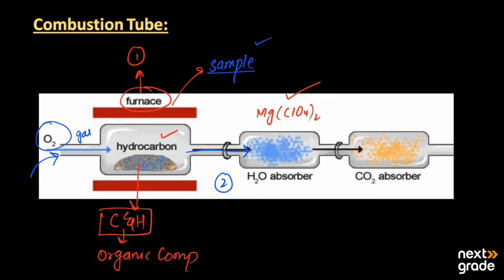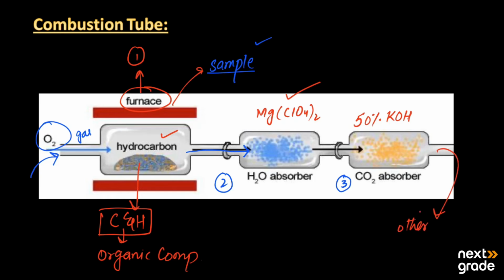Next we have the third chamber, in which the carbon dioxide gets absorbed. For the absorption of carbon dioxide, we use 50% potassium hydroxide, 50% KOH. It works as a carbon dioxide absorber. After that, we have the chamber where the other substances get absorbed.